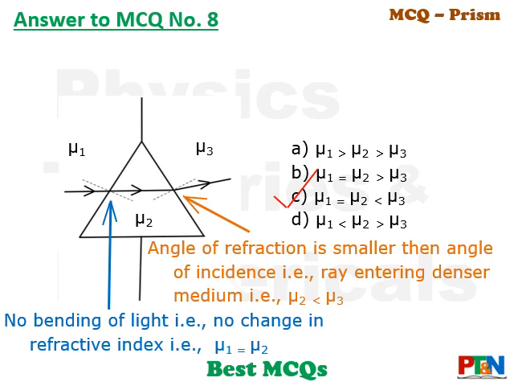Refraction in the second surface, that yellow color, you can see that angle of refraction is smaller than angle of incidence. That means the refractive index mu3 will be higher than mu2. So the option is option C.